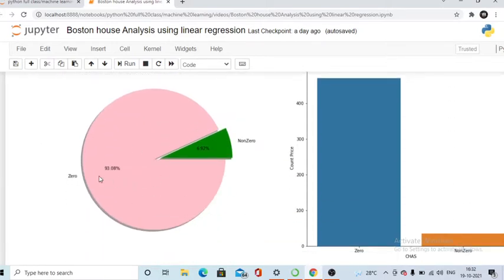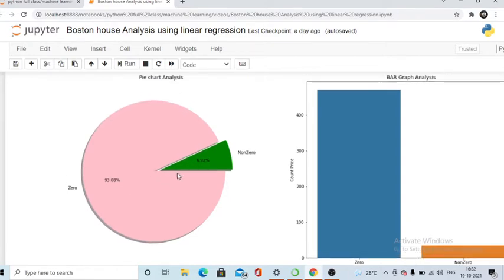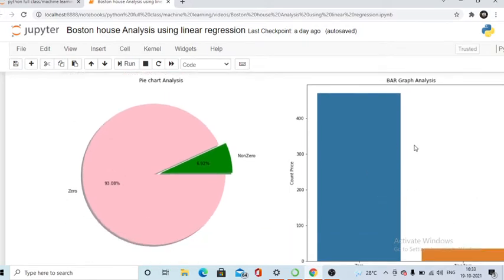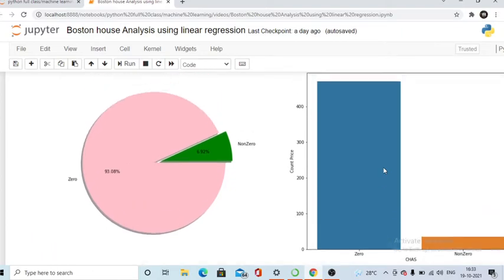This is my pie chart where we are seeing 0 and non-zero. The non-zero is 6.92, which shows the houses that are very near the river side, and the houses which are not near the river side are 93.08. You can also visualize this part in a bar graph, right?